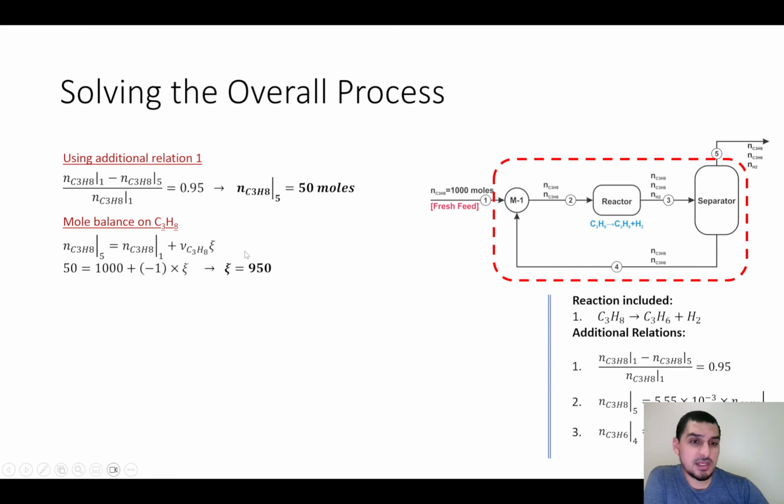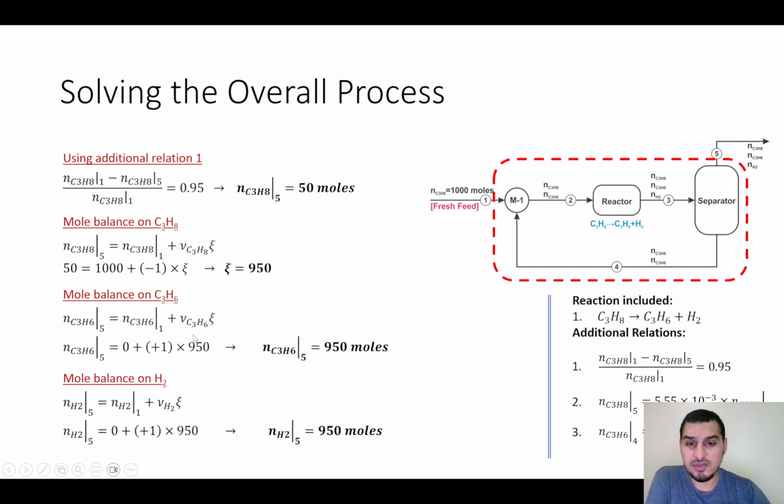Now I know xi, so I can calculate the number of moles of hydrogen and propylene out. The in is 0, so the propylene out is going to be xi, and the hydrogen out is going to be xi, so it's going to be 950 moles for each one of them in the product stream. So this is the first thing.